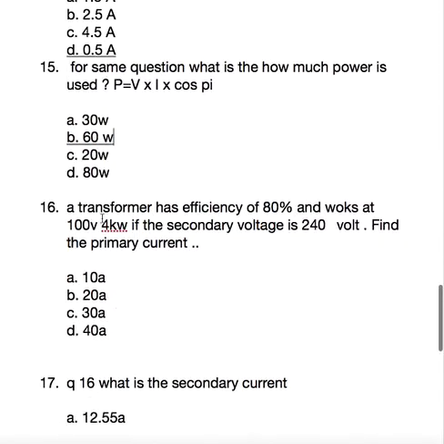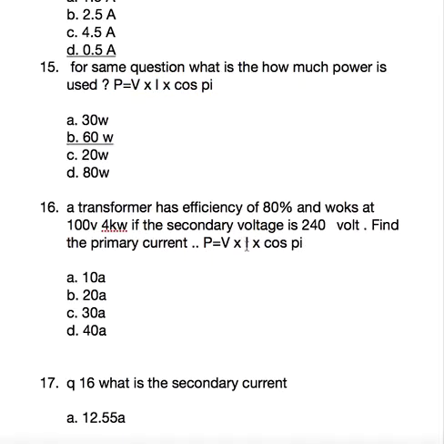Next, a transformer has an efficiency of 80% and works at 100 volts, 4 kW. If the secondary voltage is 240 volts, find the primary current I1. We use the same formula, P is equal to V I cos phi.